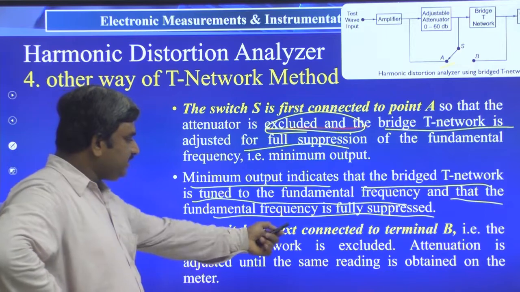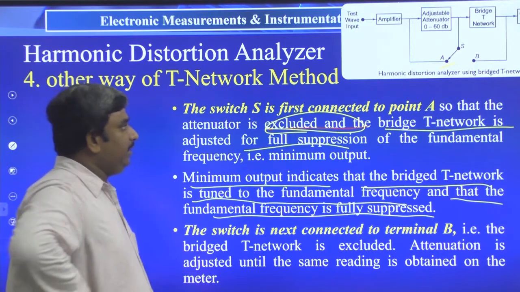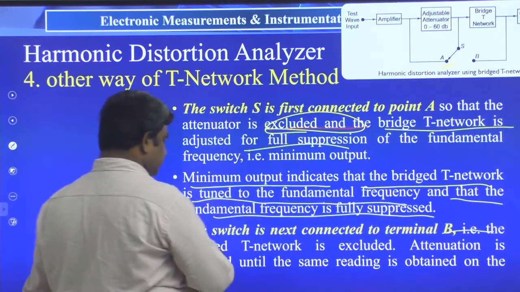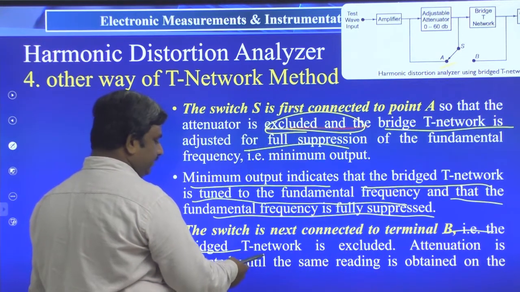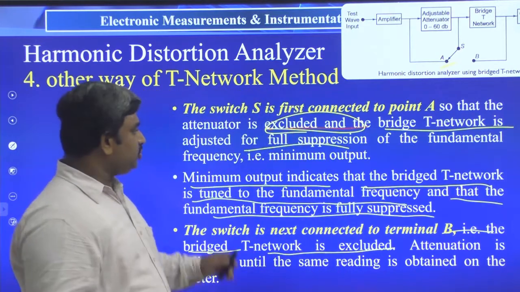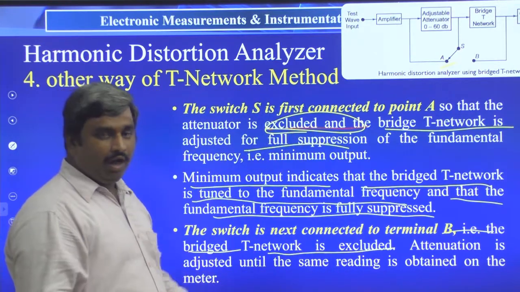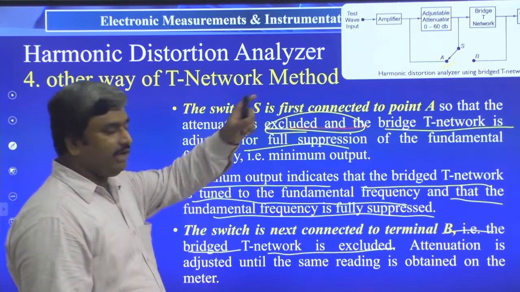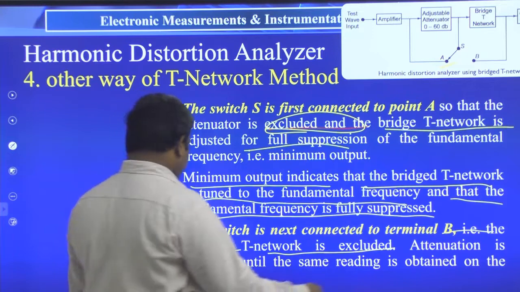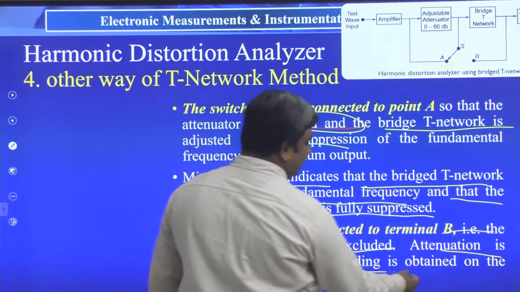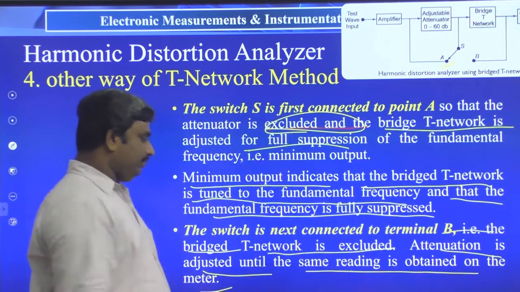The switch is next connected to terminal B. If the switch is connected to B terminal, then the bridged T network is excluded. Previously the adjustable attenuator was excluded; now we are excluding the bridged T network. Attenuation is adjusted until the same reading is obtained on the meter.